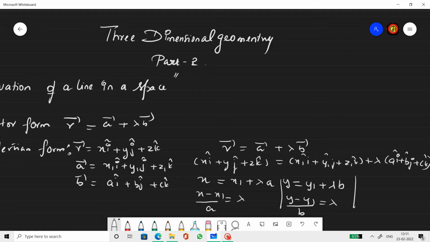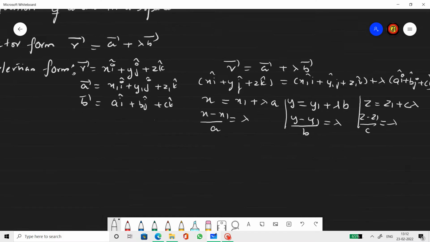And the same way for k also. Comparing the coefficients of k, you get z equals z1 plus c lambda. So z minus z1 by c equals lambda. So everything is lambda, which means they are all mutually equal. So the Cartesian equation is x minus x1 by a equals y minus y1 by b equals z minus z1 by c.